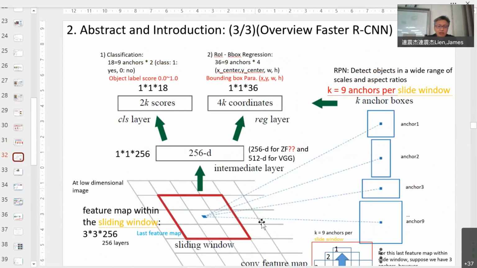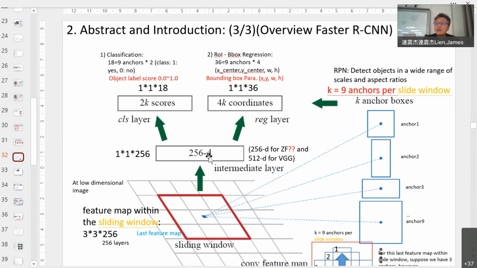Suppose this is 7 by 7 grids, overall 512 maps, right? And what do we do here? It's SPP. After SPP, we fix the size. We have 1 by 1, 2 by 2, 4 by 4, 8 by 8, something like that.